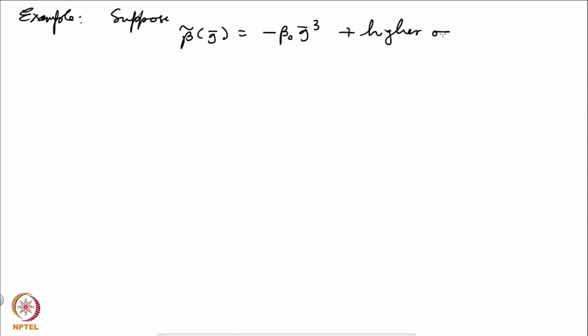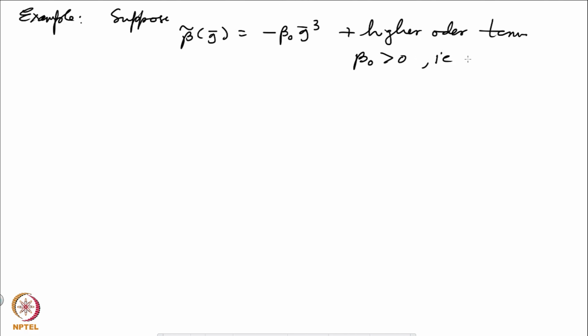So let's look at an example. Suppose the beta function is given by this, and this is not for phi-4 theory. The beta function is minus beta naught g bar cubed plus higher order terms, and beta naught is positive, so that this overall thing, the beta tilde, becomes negative.